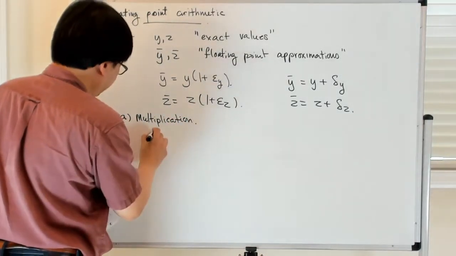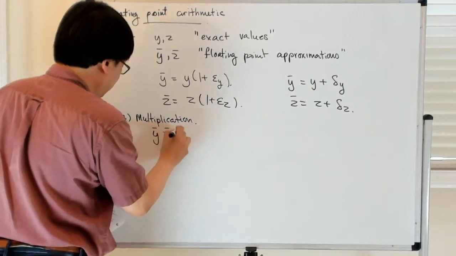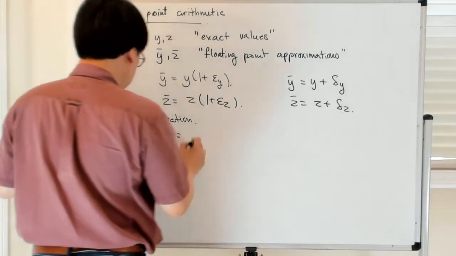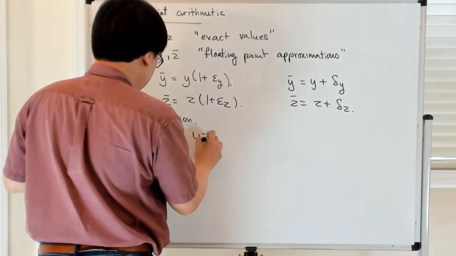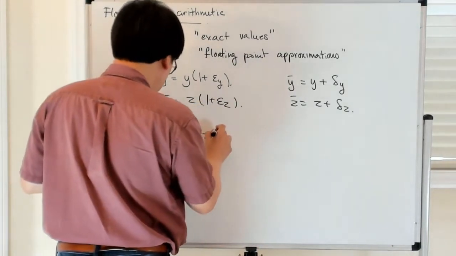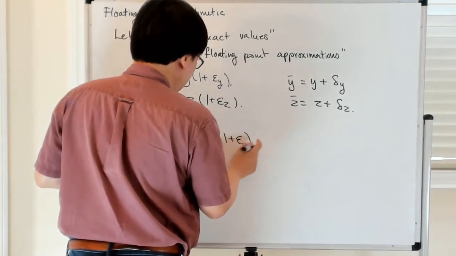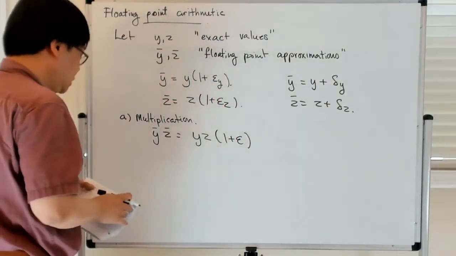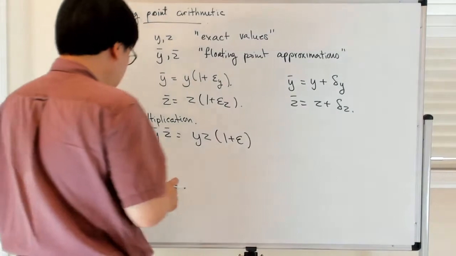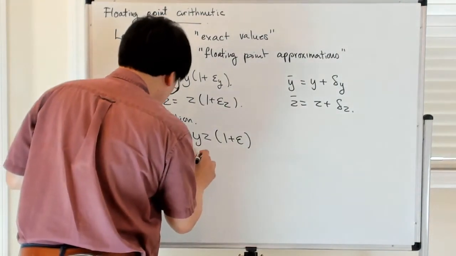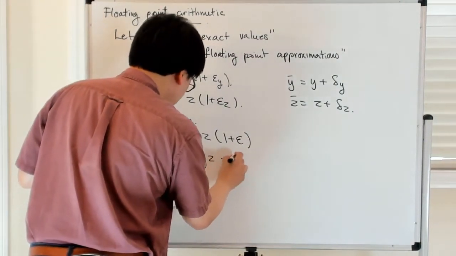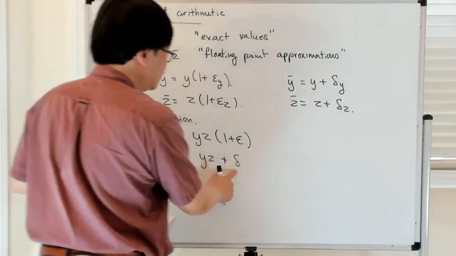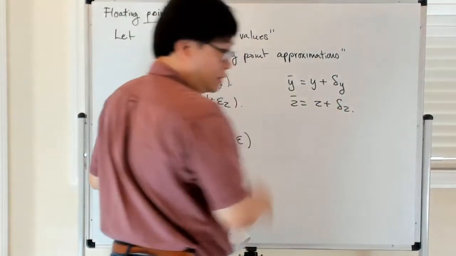Okay, so if I look at y bar z bar, I'm going to write this in relative error as yz(1 + epsilon), and I want to see how epsilon depends on epsilon y and epsilon z. At the same time, I can also write this as yz plus delta, and again you can ask how delta depends on delta y and delta z.